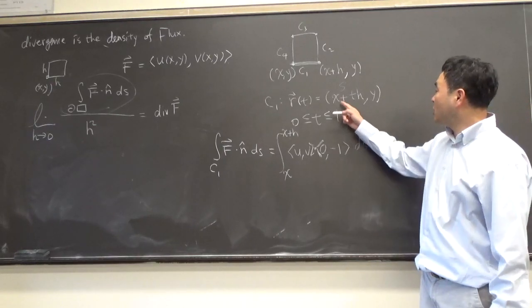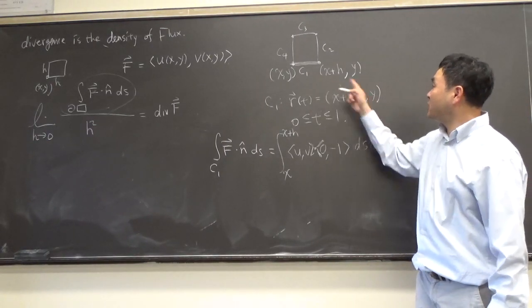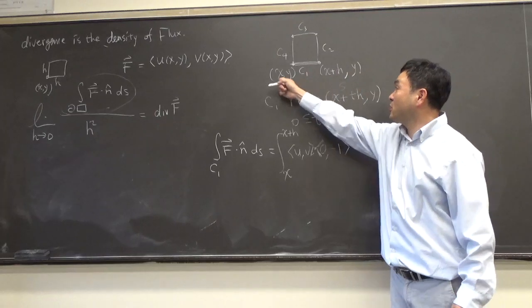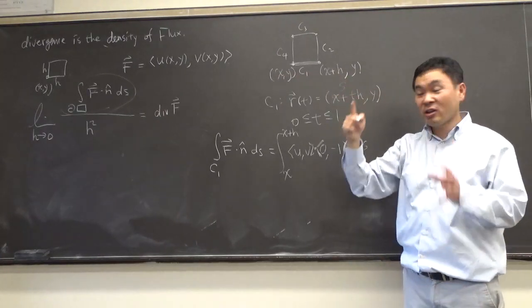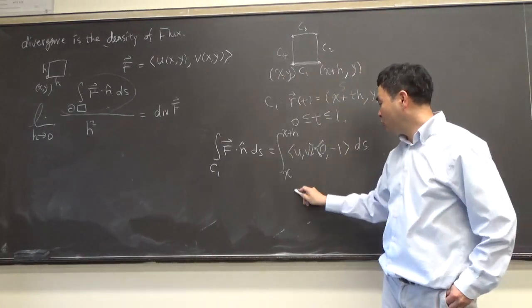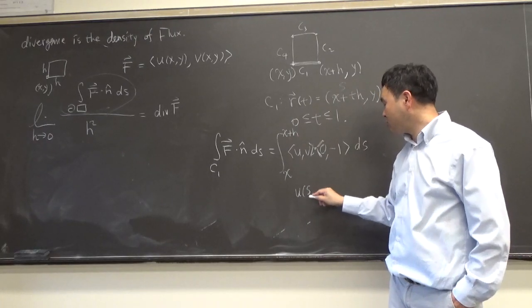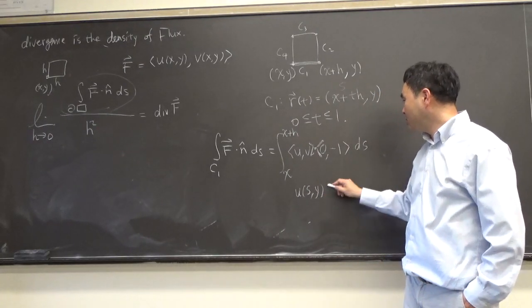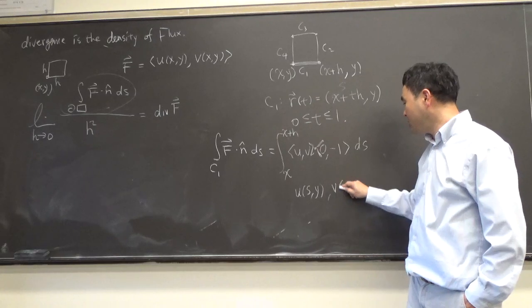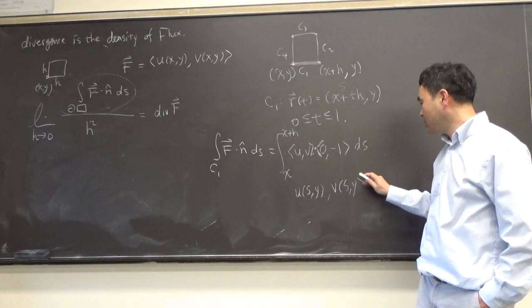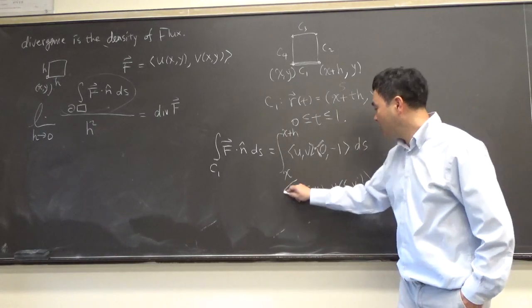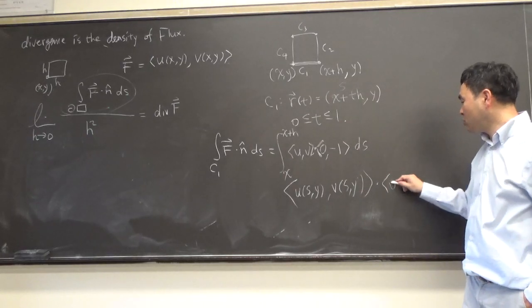So now, see, y is fixed. The y coordinate is fixed. Only x is changing. So what you really have is u(s, y) comma v(s, y), and you're doing a dot product with (0, -1).